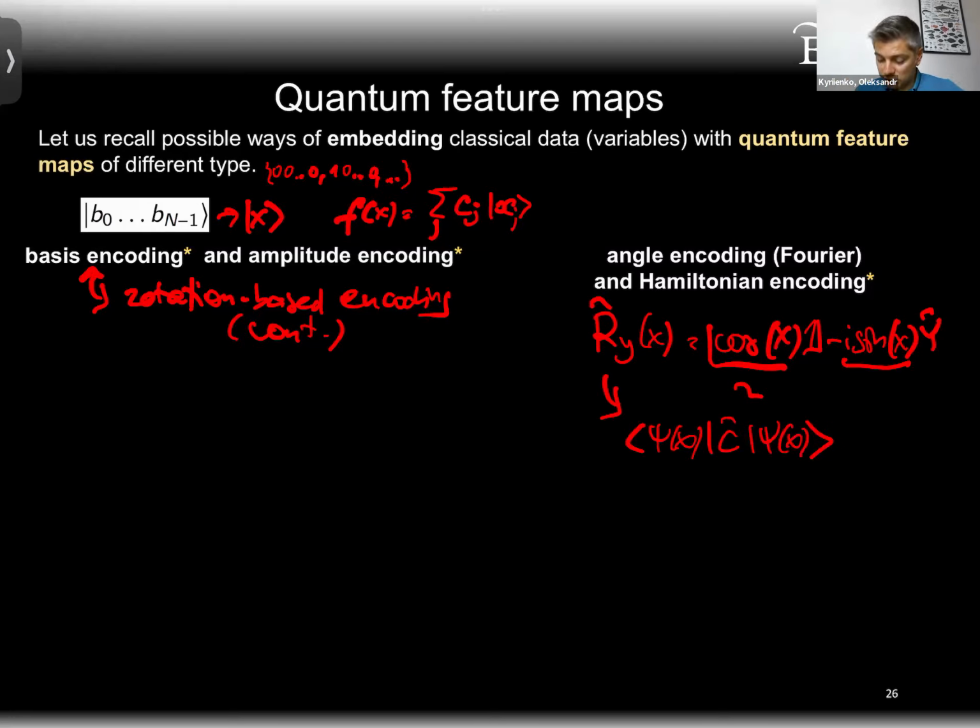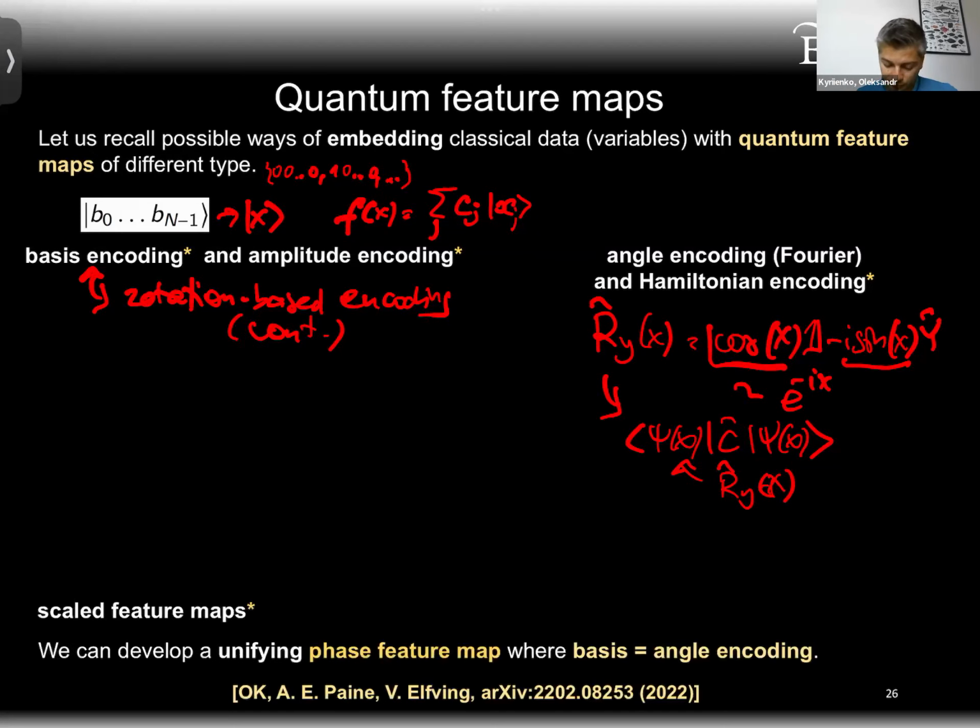So the complex conjugation will give me Ry of minus x. And I will need to interfere cosines and sines. So altogether there, I am getting something like minus I to the power of x as my basis. And we will see it leads to Fourier embedding of quantum models.